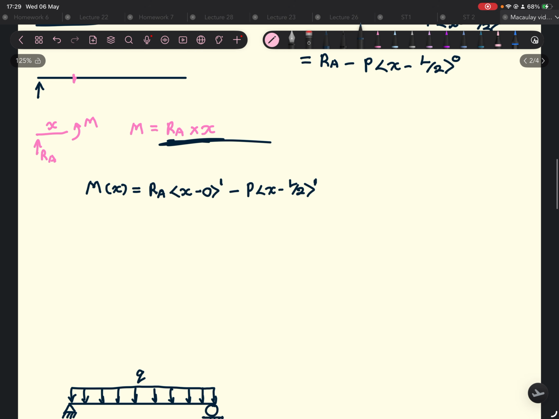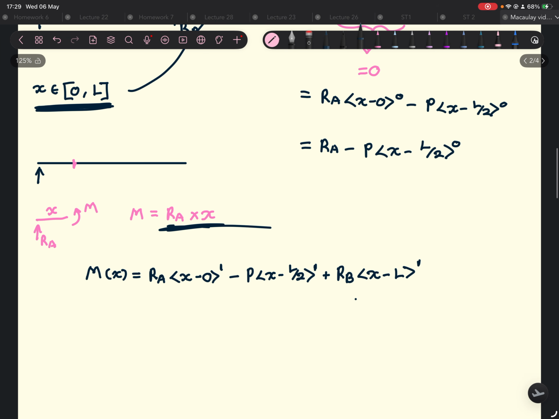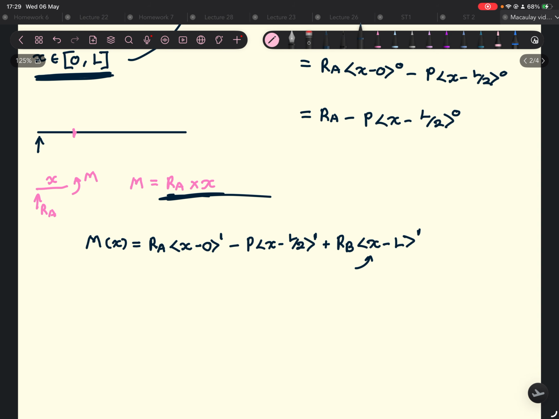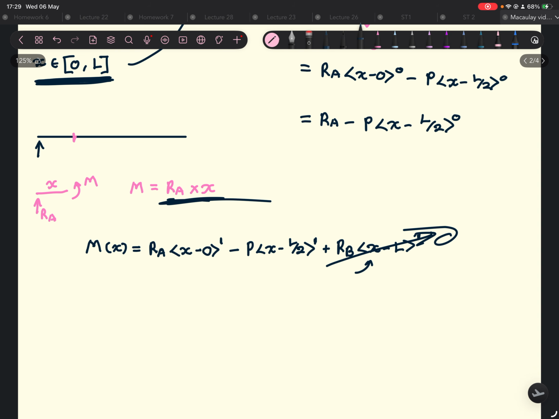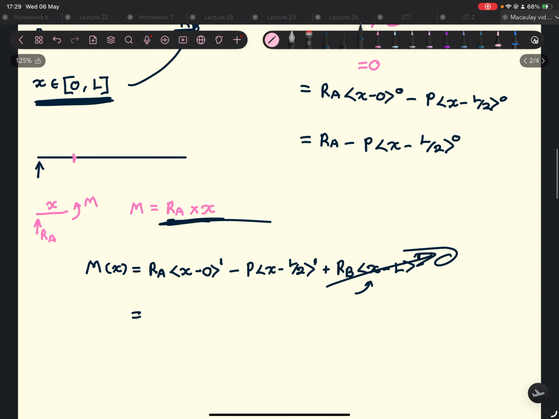So you could write it as RB times x minus L to the power 1, right? But then when x is equal to L, you get 0 here. So this automatically falls away, that's 0. So then this is equal to RA times x minus 0, or put simply RA times x, right?